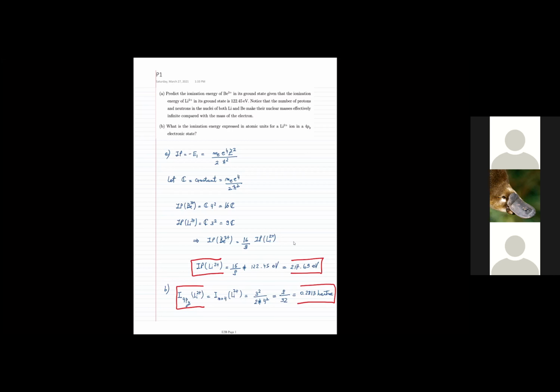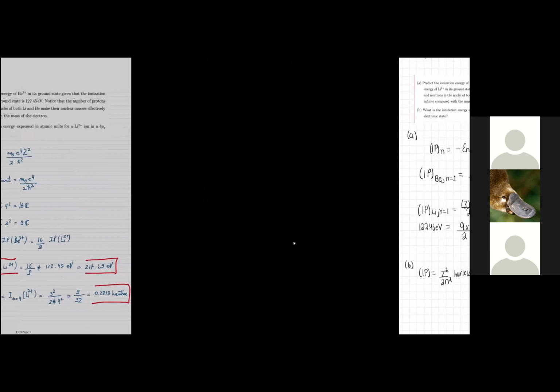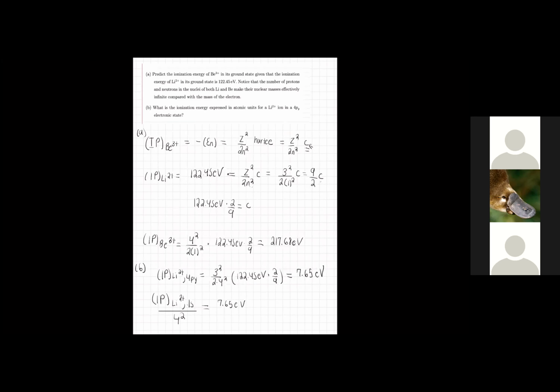I think what you can do for this, if he asks you something like this and you want to save on time, is put the answer in Hartrees and just worry about units towards the end, because he doesn't specifically ask what units to use. Just calculate it like this, plug in your values, and you should be fine. I suggest that. And if he marks you wrong for that, just say, well, you didn't ask me not to put in Hartrees. That's my tip for you.